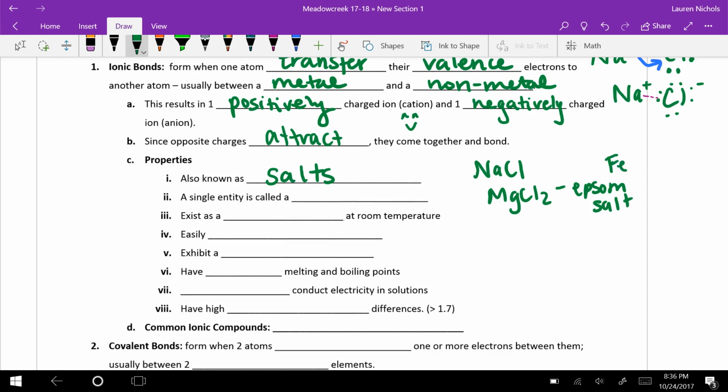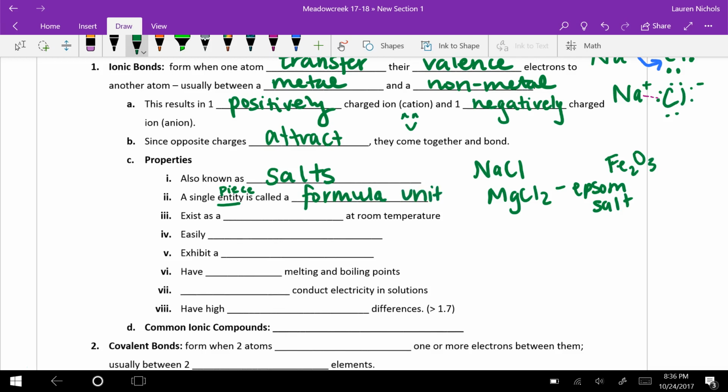Even something like Fe2O3, iron oxide. It's a salt. It's an ionic compound. Now, it's not the most common ones, but they are all salts if they are ionic compounds. Now, a single entity of an ionic compound, or a single piece, might be a more basic word for that, is called a formula unit.